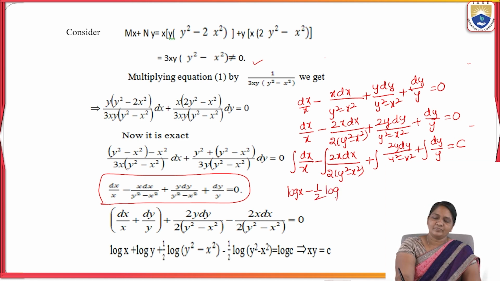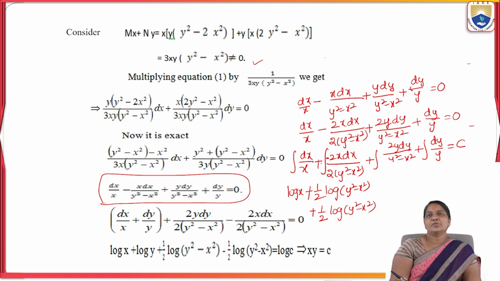So log fx is y square minus x square plus here also 1 by 2 log y square minus x square. So x square derivative is minus 2x here. So we will get here minus x. So now plus log y equal to c.